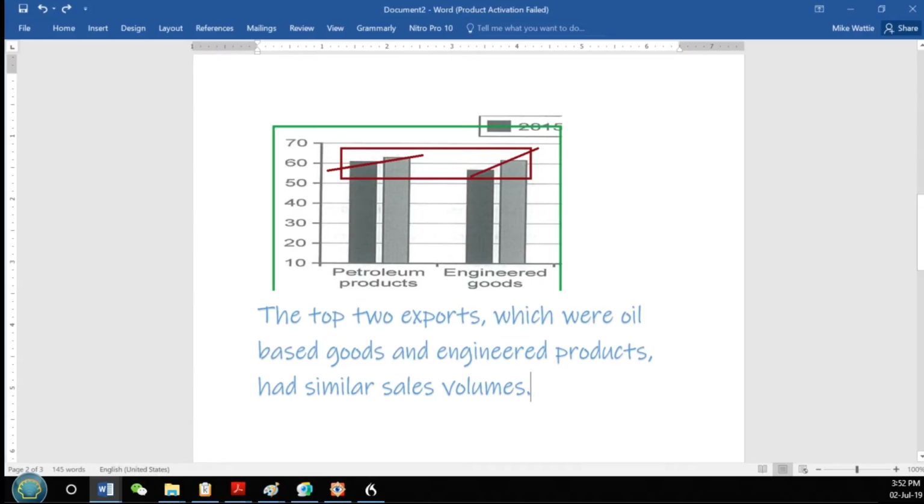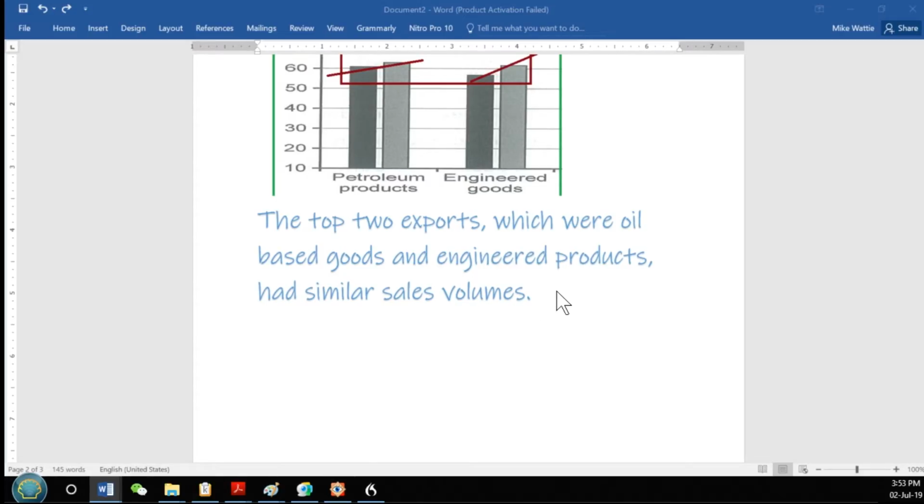First of all, we're telling the reader that we're talking about the top 2 exports. We're telling the reader what these were, and we're telling them that not only were these the top 2, but they also had similar sales volumes. Okay, so there's a lot of information in that first sentence. Let's now move on and describe the first category.